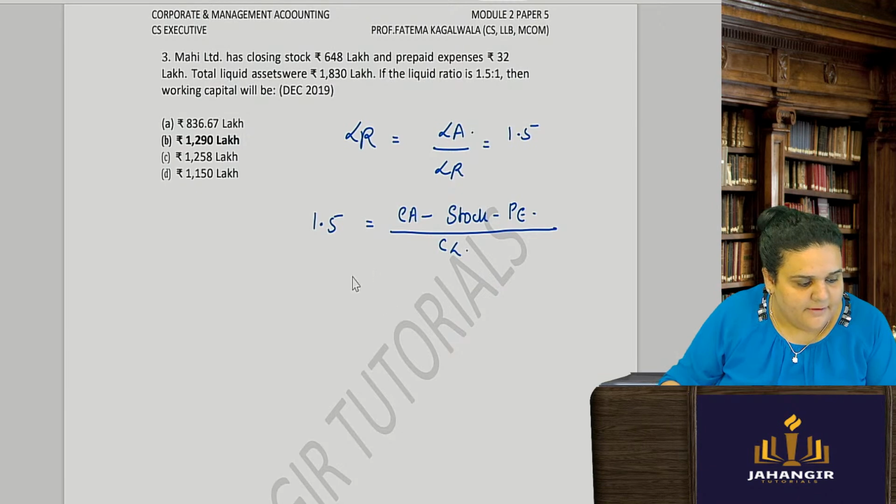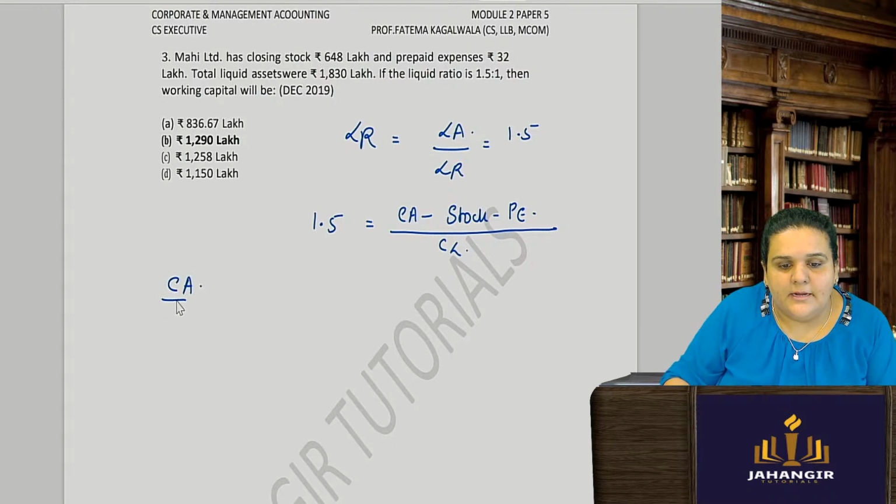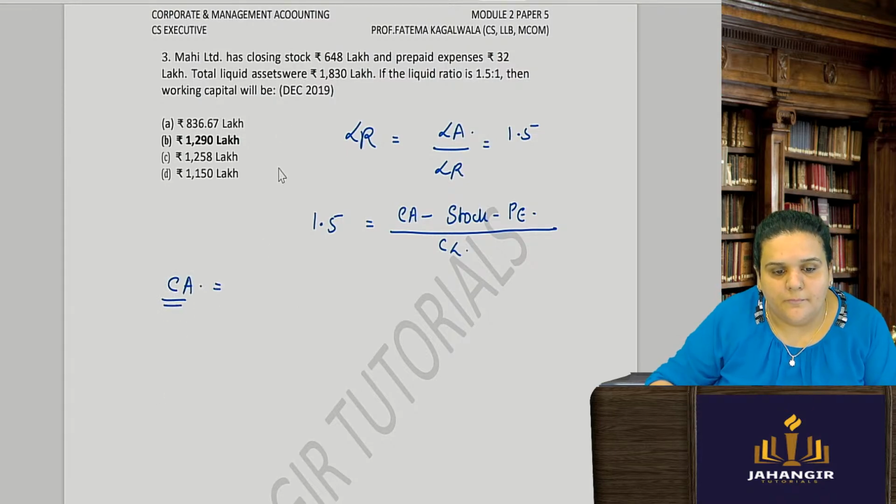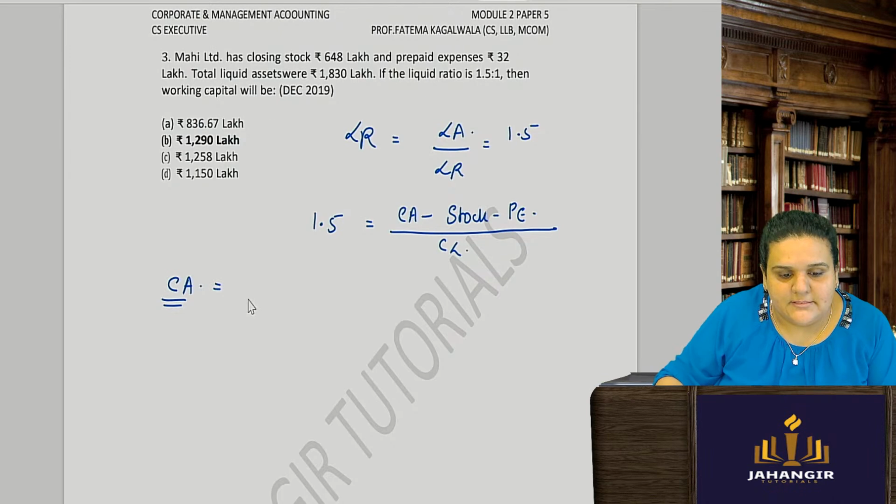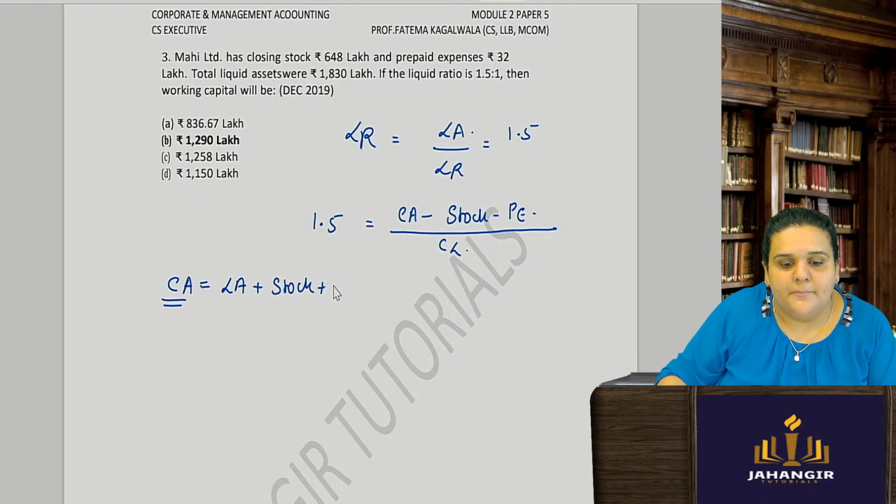We have current assets minus stock minus my prepaid expenses upon my current liabilities. Now I have to find my current assets first. Current assets will now be equal to total of liquid assets plus stock plus prepaid expenses.